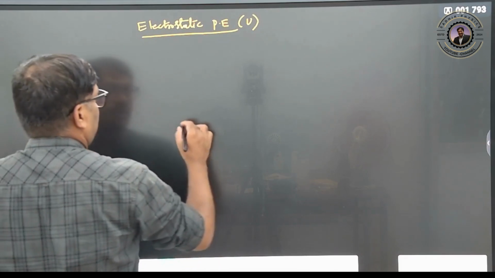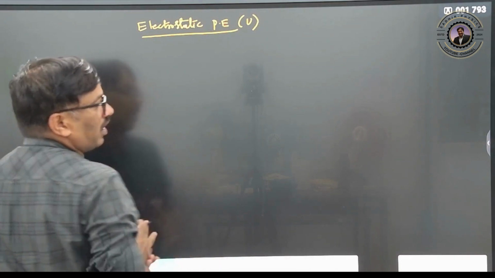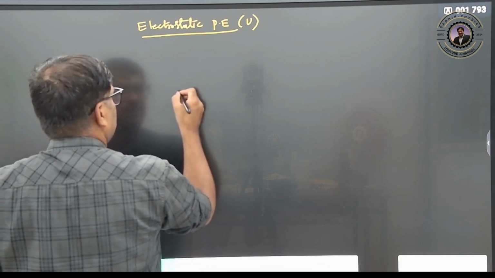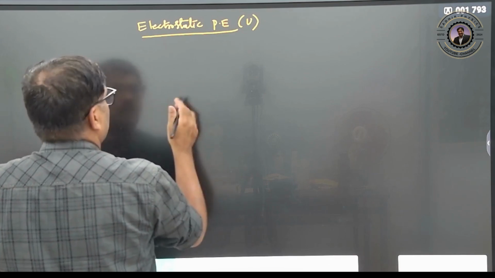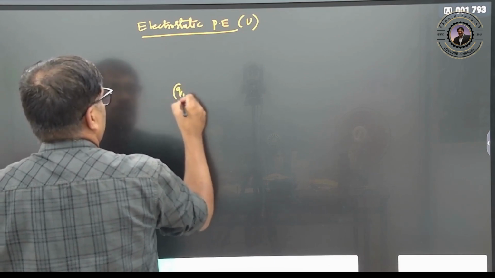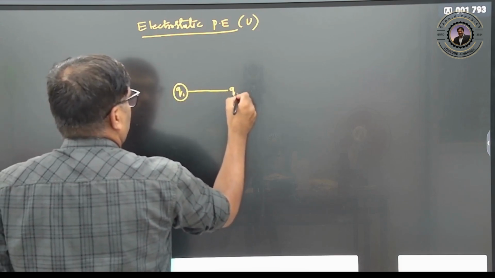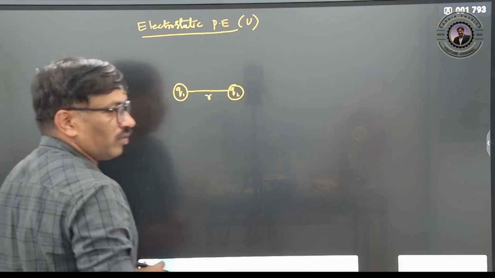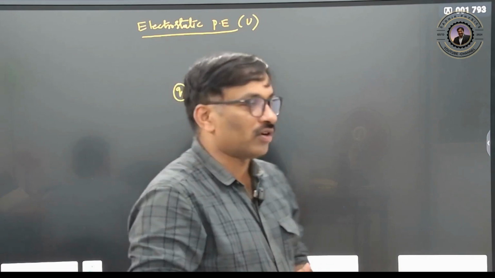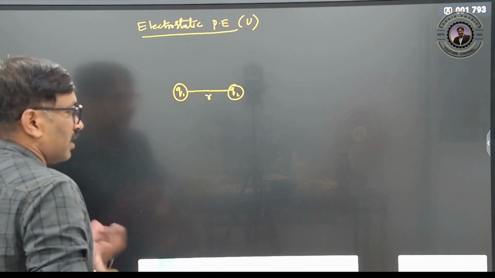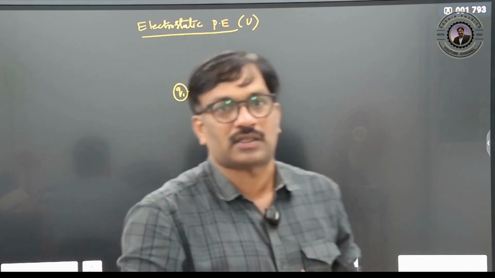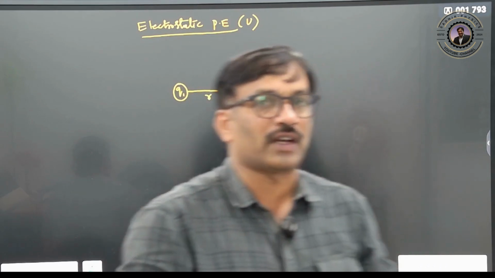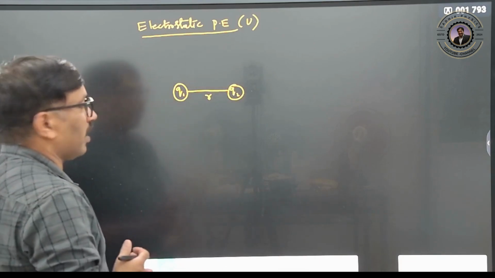Suppose there is no other field here, and some two charges are there, q1 charge and q2 charge. To arrange these two charges we have to do a certain amount of work. Whatever work is done to arrange these charges in this arrangement is stored in the form of potential energy.